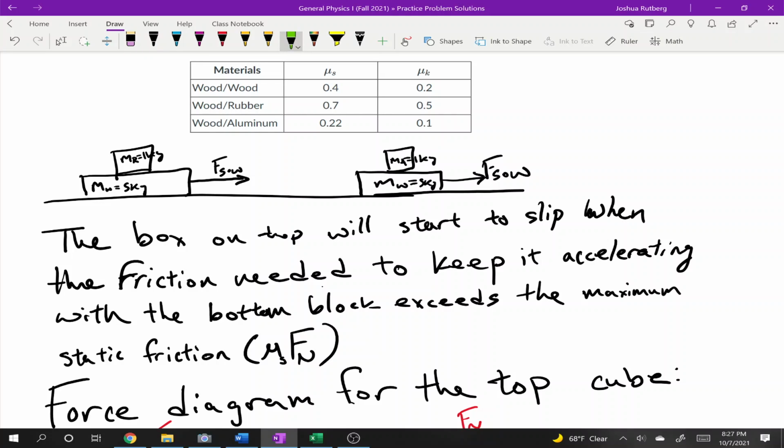But when I am solving this problem, I'm going to pick a system that consists of both the block and the cube. And I can do this because they're accelerating together. Up until they slip, they have the same acceleration. So I can treat them as a single object moving with a single acceleration.